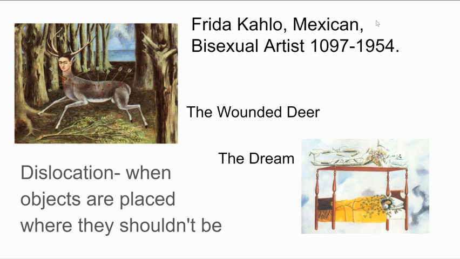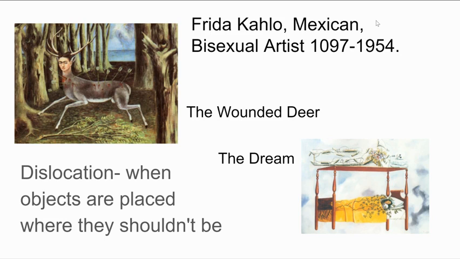For the wounded deer, that painting depicts Frida Kahlo's head on this deer body. That means that her head on the body doesn't go there. So it's placed where it shouldn't be. It's dislocated.